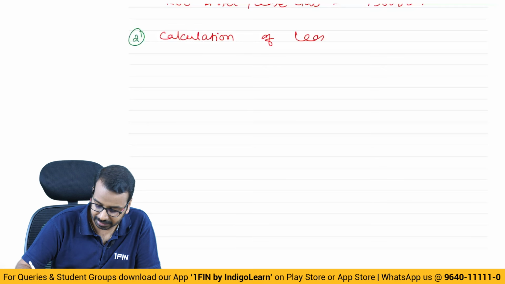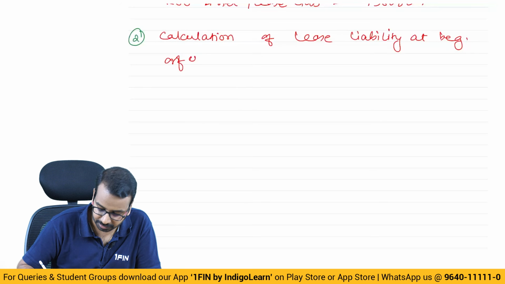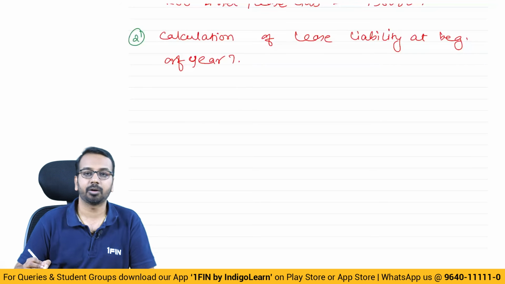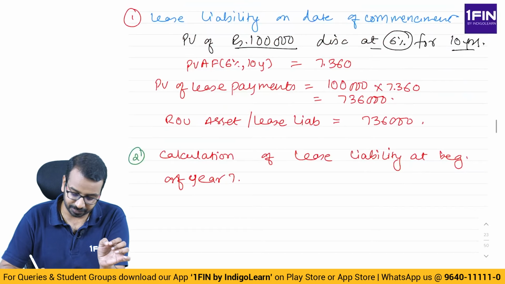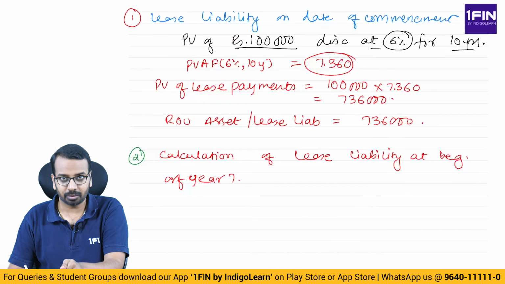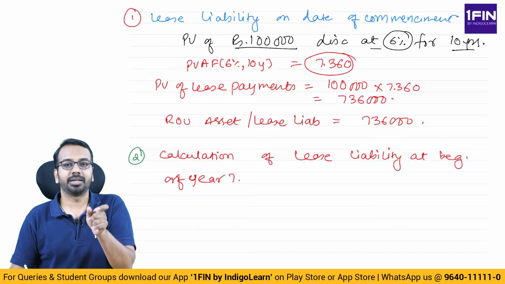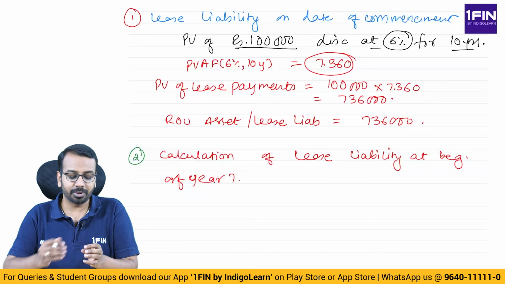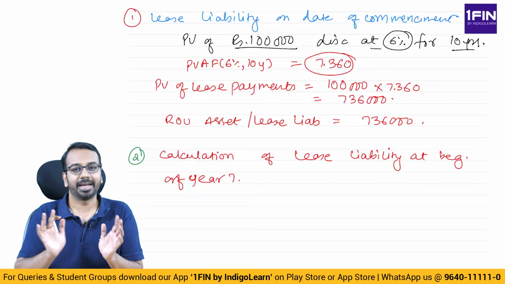So, calculation of lease liability at beginning of year 7. Okay. See, please understand, here I have taken 7.360, in the study material they have taken 7.359. Okay. So, that one decimal change is possible, because of which there will be a slight variation in calculation.